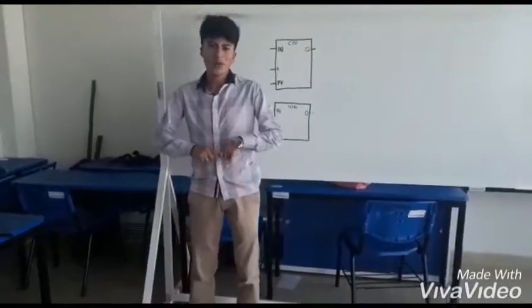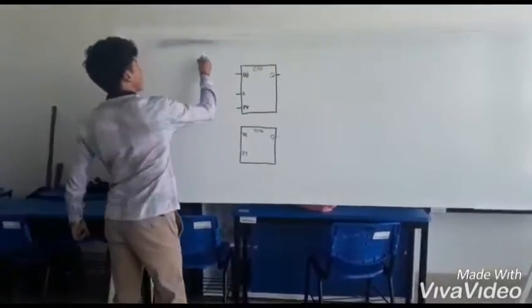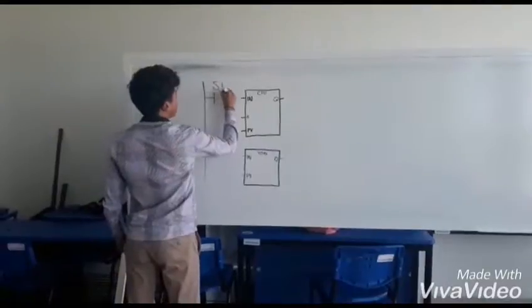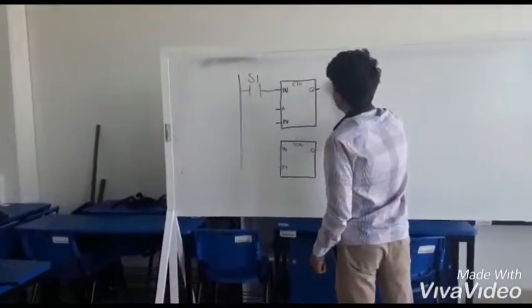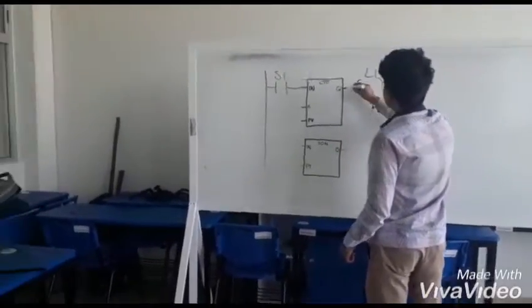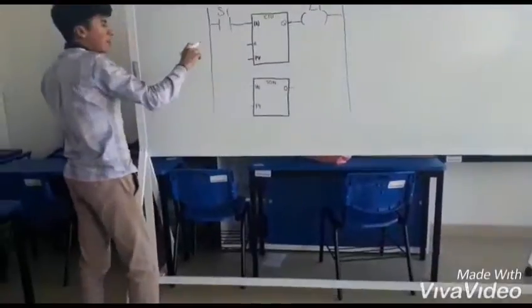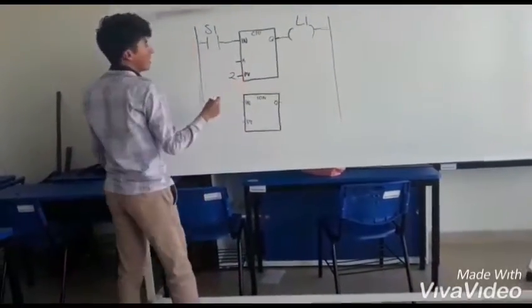I'm going to explain how they work with one example. In this part, we have a sensor in the input, and in the output, we have a light. The light will be activated when it detects two objects.